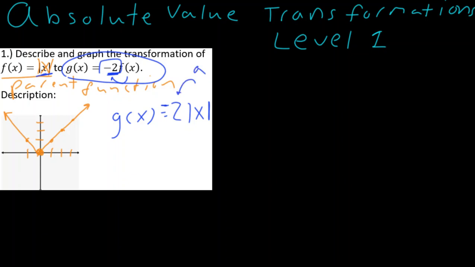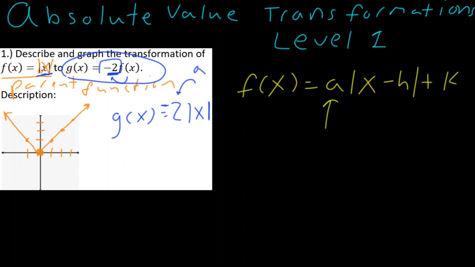When we talk about, let me go ahead and write this out, f of x equals absolute value, x minus h, close absolute value, plus k, well, it's this a value that's always in front of our absolute value symbols. And when a is greater than 1, we have what's known as a vertical stretch.